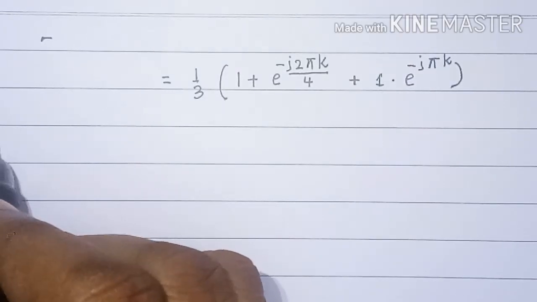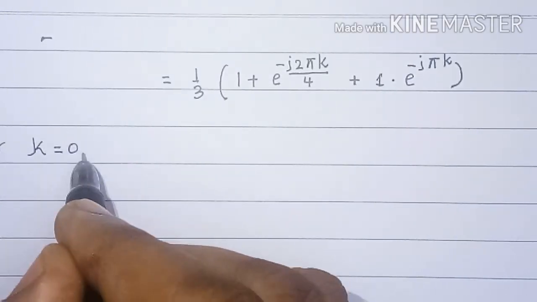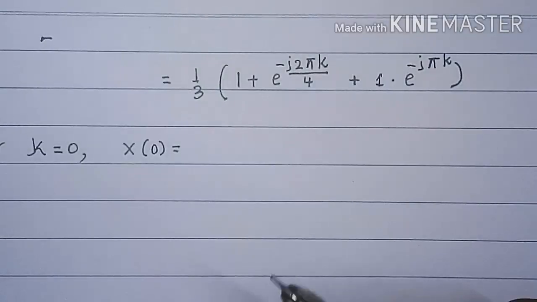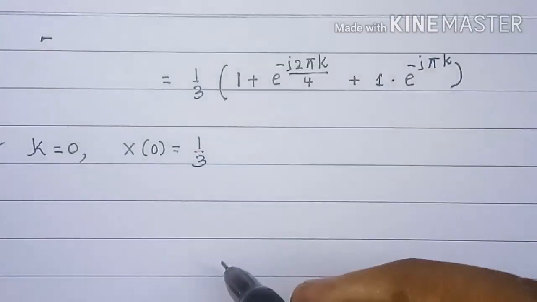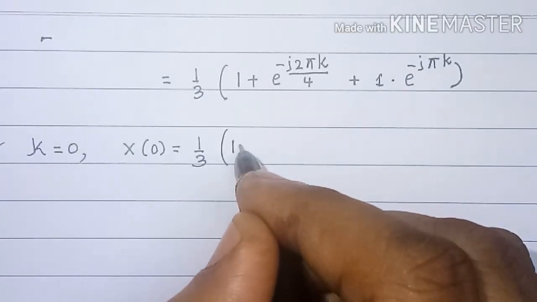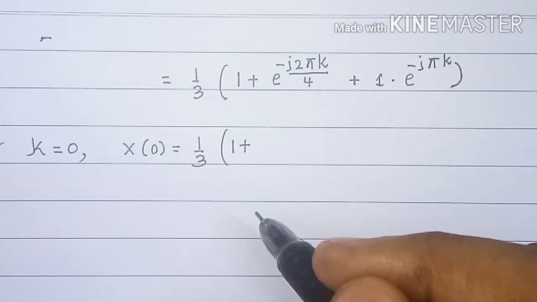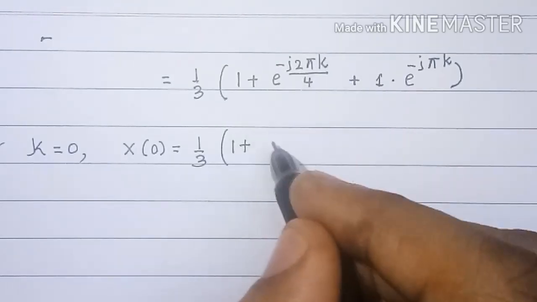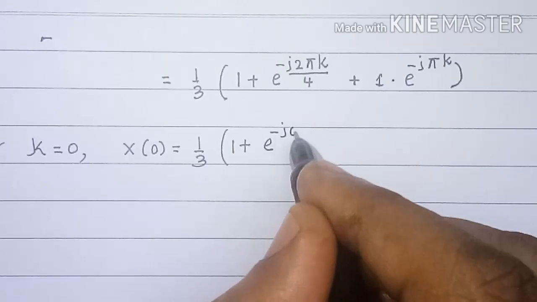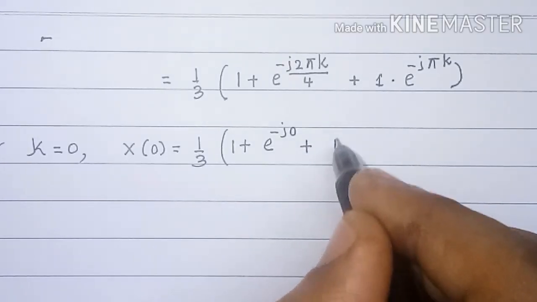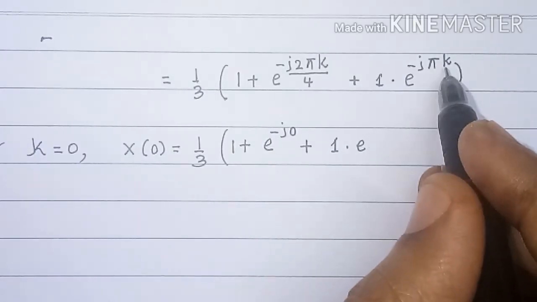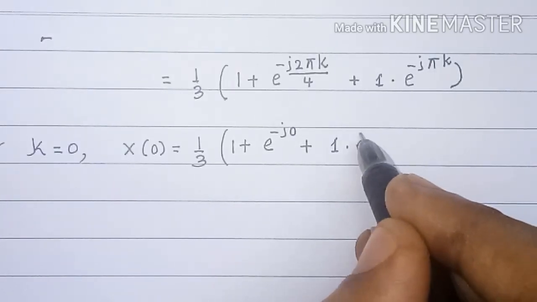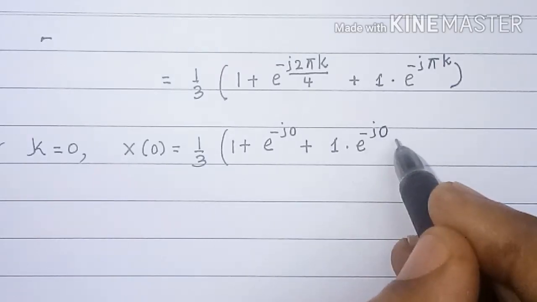So for k equal to 0, X of 0 equal to 1 by 3 into the bracket 1 plus, if we put k equal to 0 here, e raised to minus j 0, plus 1 into e raised to minus j 0.